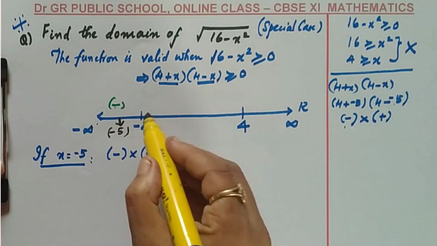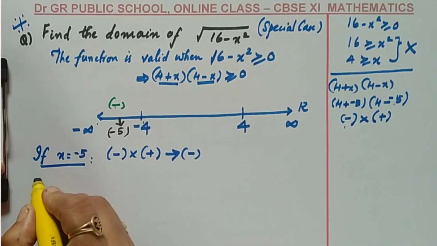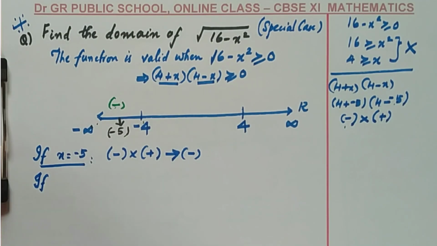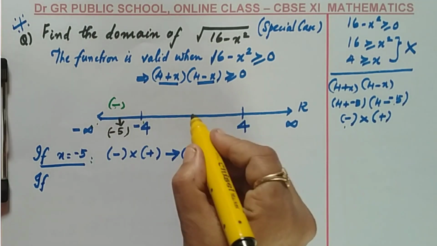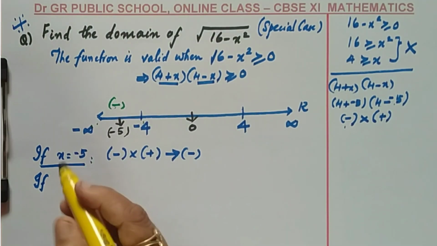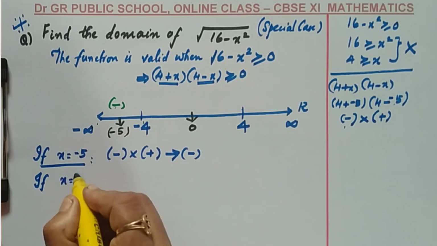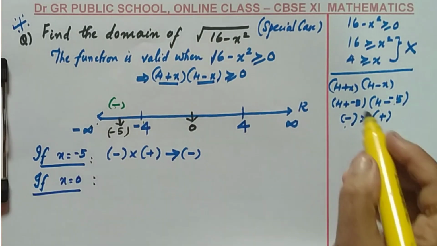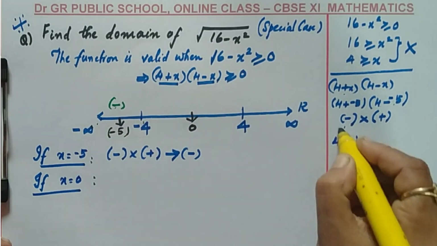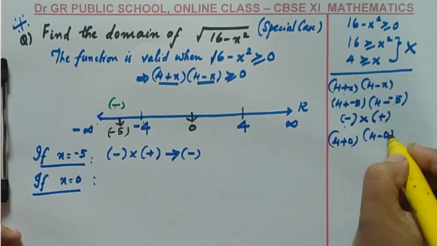In the same way, you need to test a value in the interval minus 4 to plus 4. Between minus 4 and plus 4, I am going to take the value 0, which is comfortable for calculation. If x equals 0, what happens to this expression? When x equals 0, (4 plus 0) into (4 minus 0) will come.